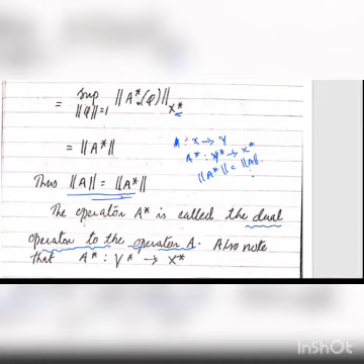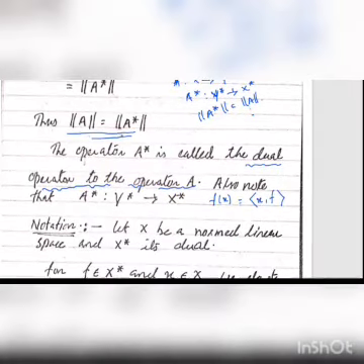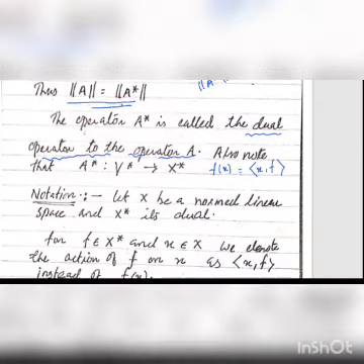The notation is that generally we will write the function of x as f of x. But here we are following the idea xf. Instead of writing f of x, we are writing xf. That's the first notation here. So let X be a normed linear space and X star its dual.